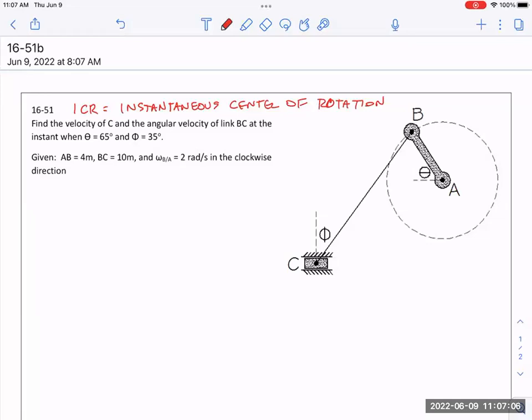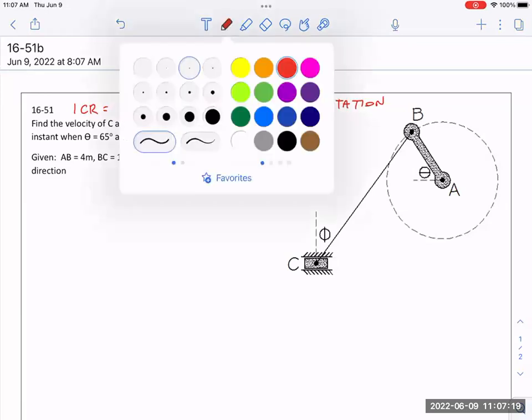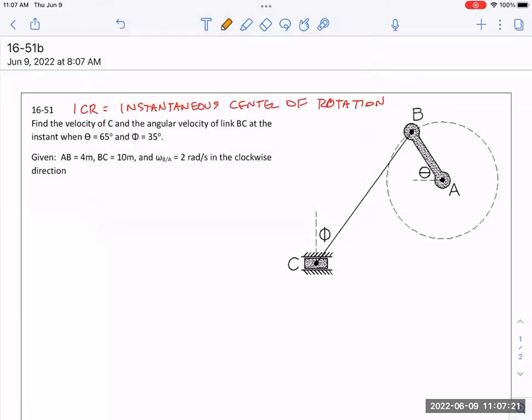so ICR, and the idea is this, and let's do this problem with this question in mind. So we said yesterday, and this is good for your knowledge, that as far as B goes, rotating around A here, we're seeing it following that dotted circle as it cruises around.